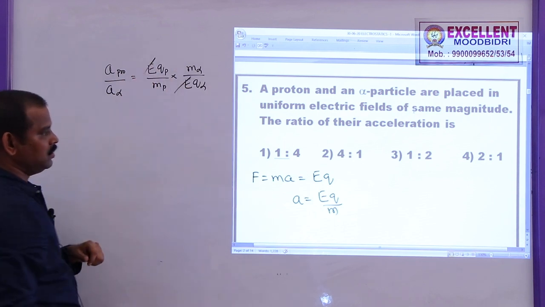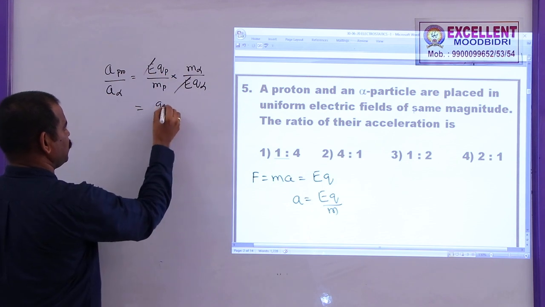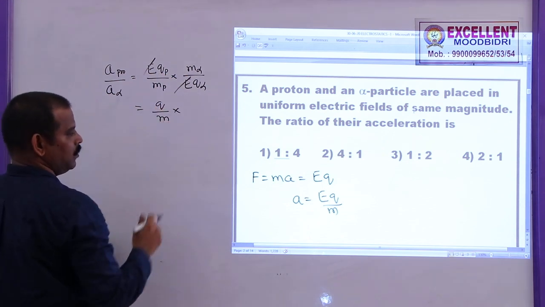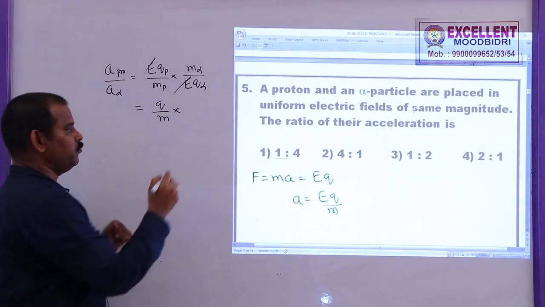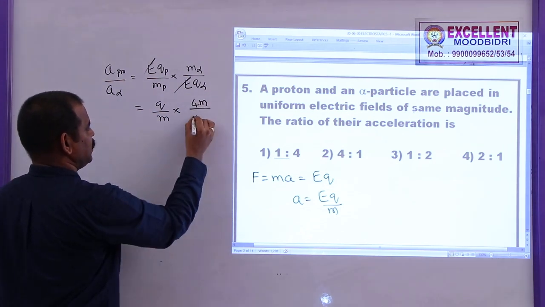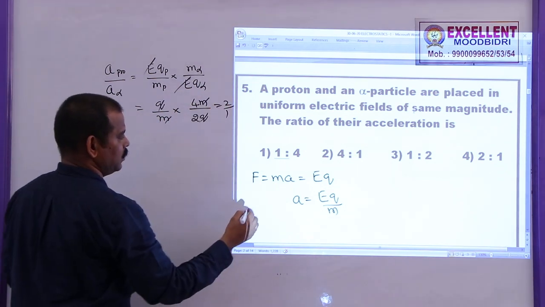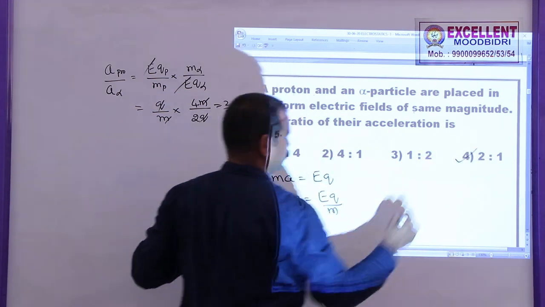As these are placed in the same electric field, this can be written as charge of proton q, mass of proton m. For alpha, the mass is 4m, as it has 2 protons and 2 neutrons, and the charge is 2q. So this is 2:1. So option 4 is correct.